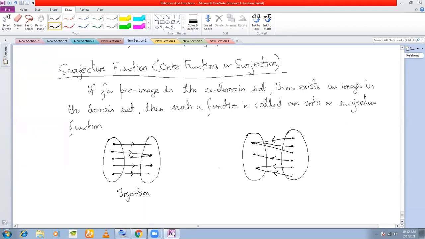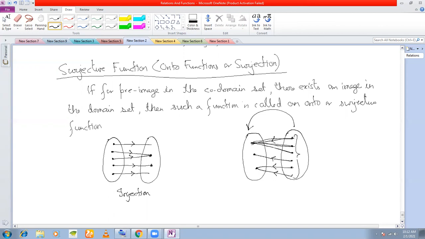Every element must have a pre-image in the domain set. That means when I'm going from codomain set to the domain set, each element must have a certain pre-image. Understood? It may not be distinct. See that three elements have only one image here.